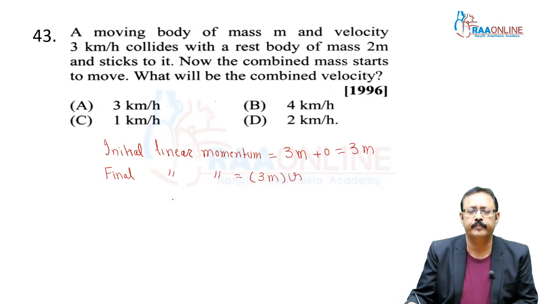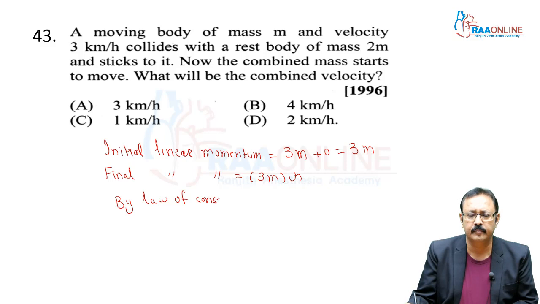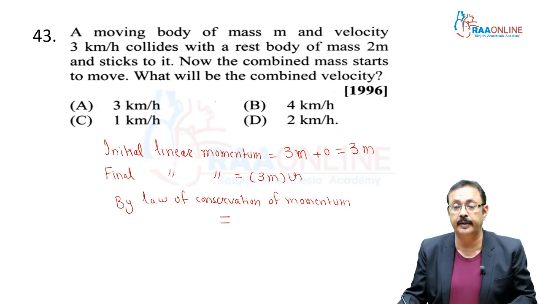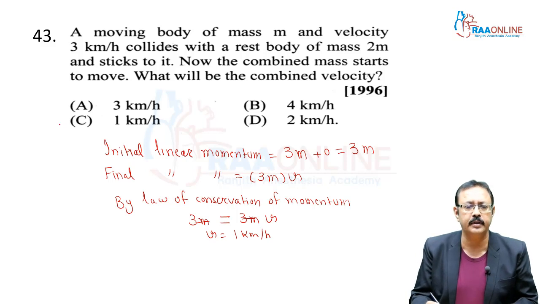Velocity suppose v. So by law of conservation of momentum, 3m is equals to 3mv. Cancel 3m with 3m, we are getting 1 km per hour. So we are going with C.